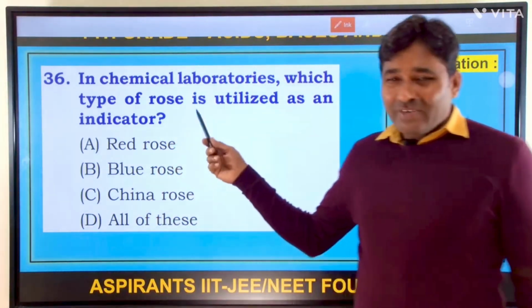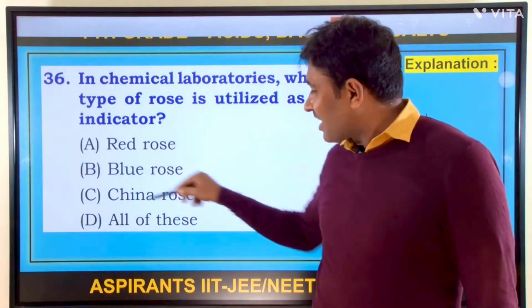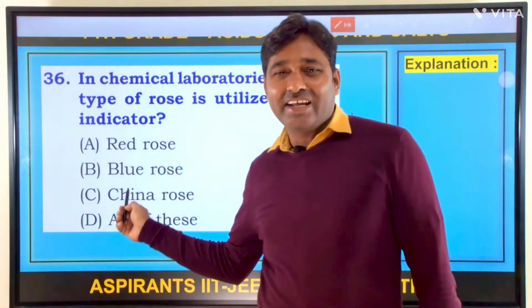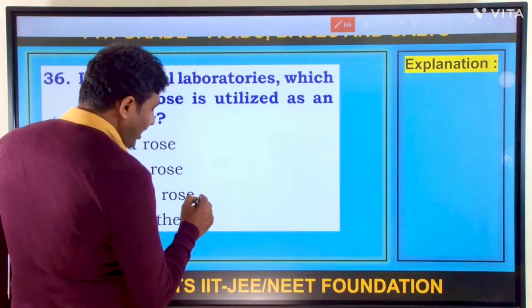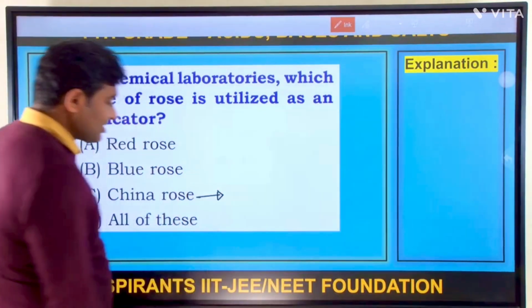So among the three roses given, which rose is used as an indicator is being asked. China rose is used as an indicator to identify acidic and basic media. Why?